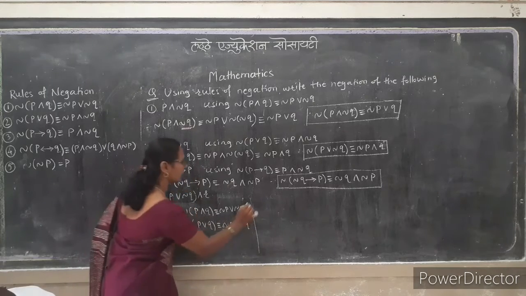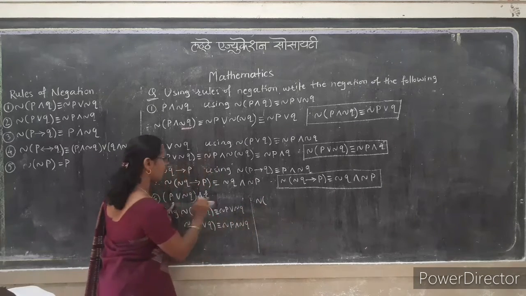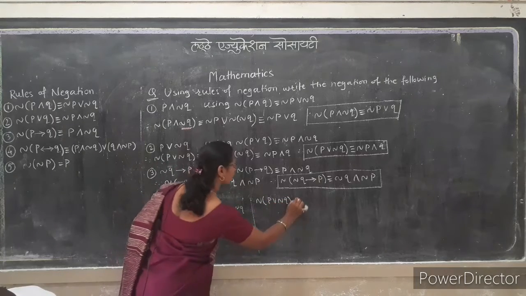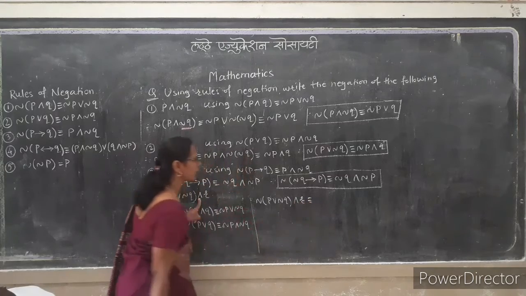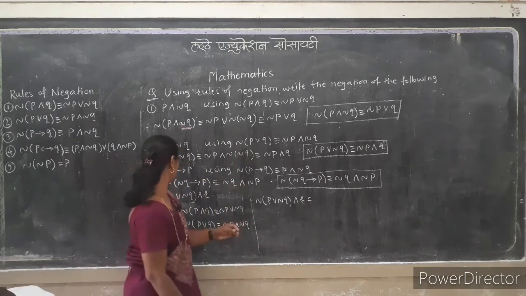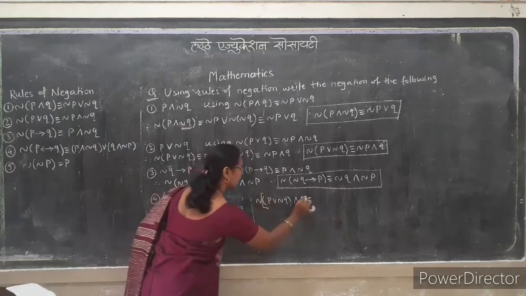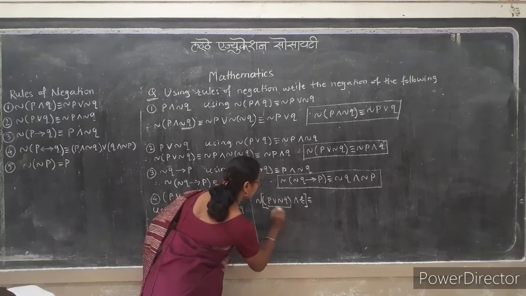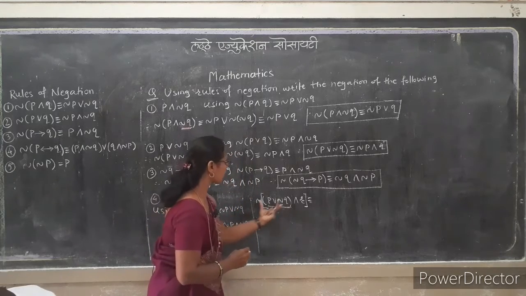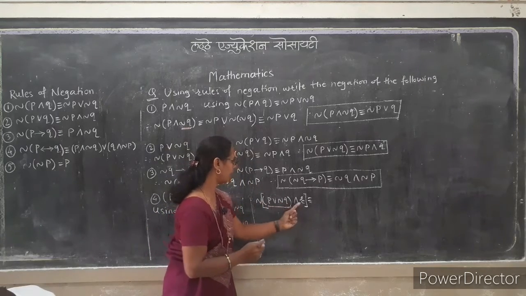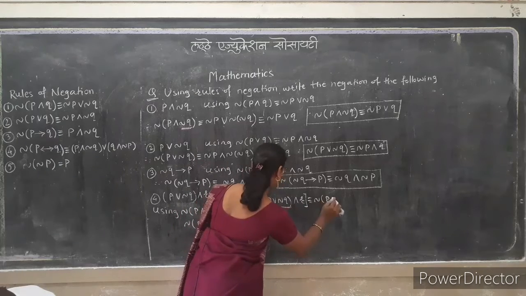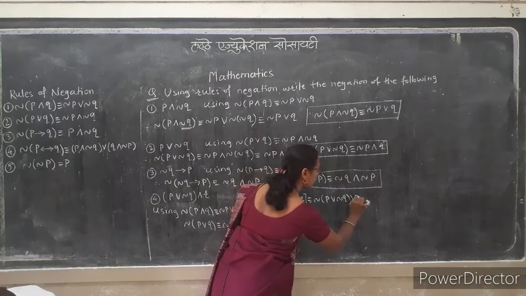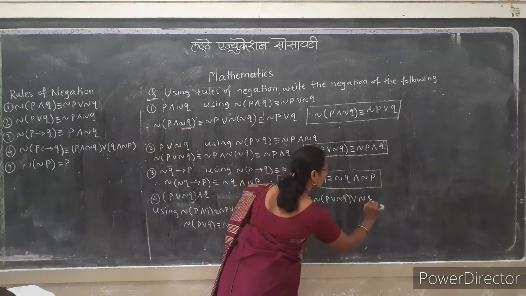Therefore we see here our negation of (P ∨ ¬Q) ∧ R. This is logically equivalent to, here we take a square bracket, the first statement, negation of P ∨ ¬Q and R, therefore ¬(P ∨ ¬Q), and the conjunction is replaced by disjunction, ¬R.